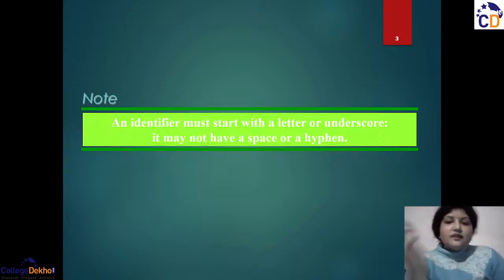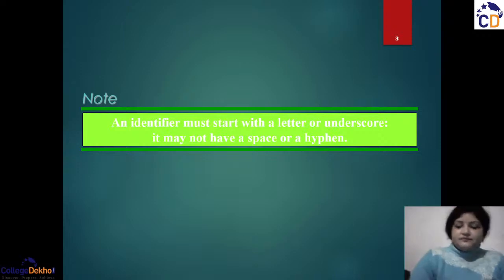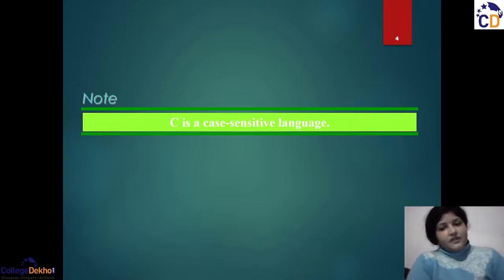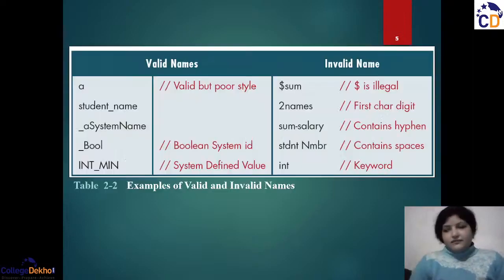How are we going to write it? Student underscore name, right? I told you the lowercase a and the uppercase A have different ASCII values, so C is a case sensitive language. I will show you both cases.